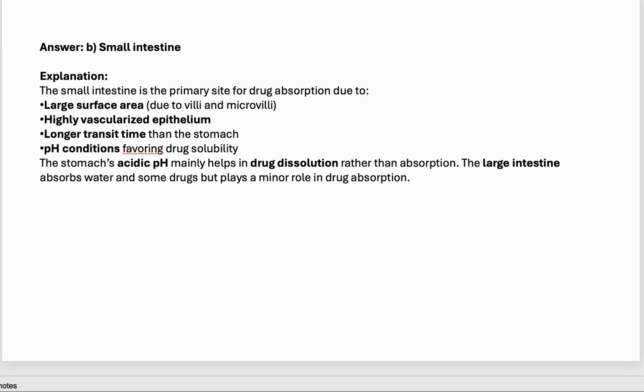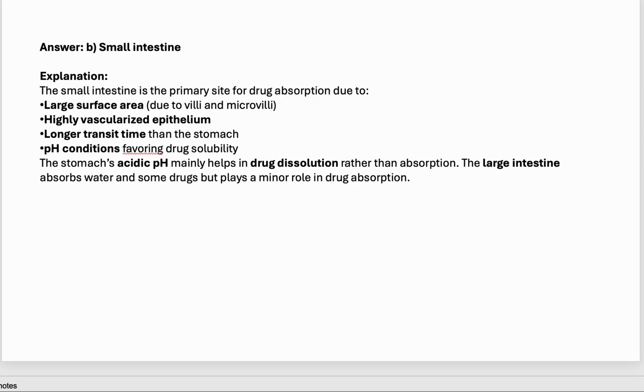I'll tell you what. Small intestine. The first option that you said was stomach, and it's actually quite close to the right answer because it has acid, and it degrades most of the medicines. But the small intestine has a larger surface area due to villi and microvilli.